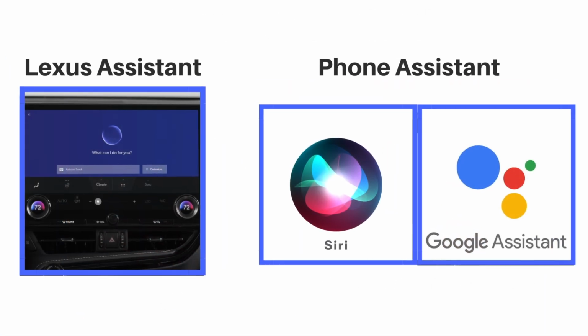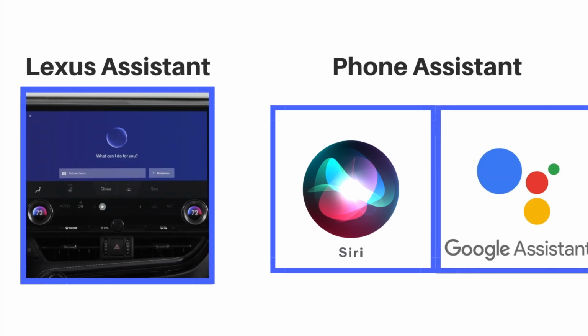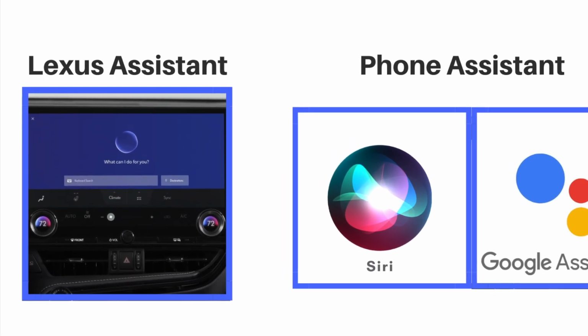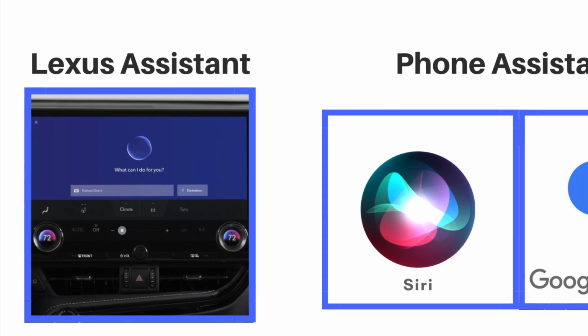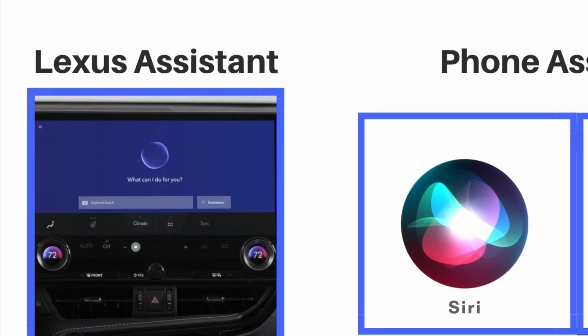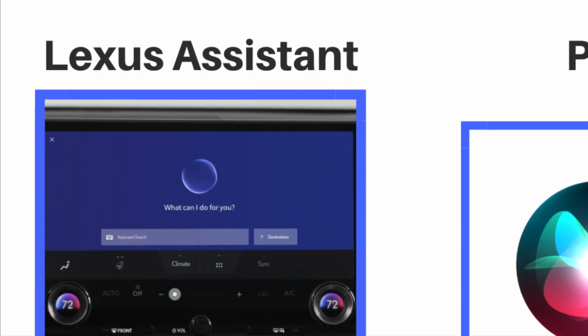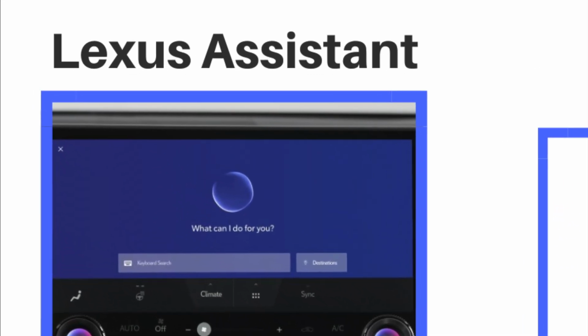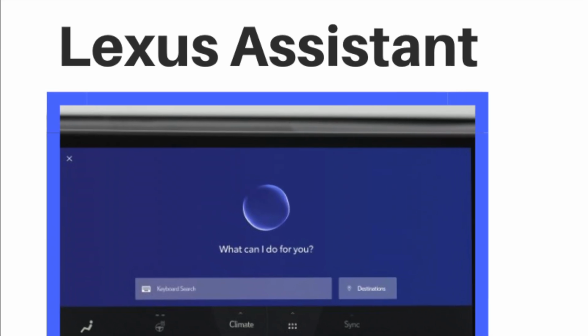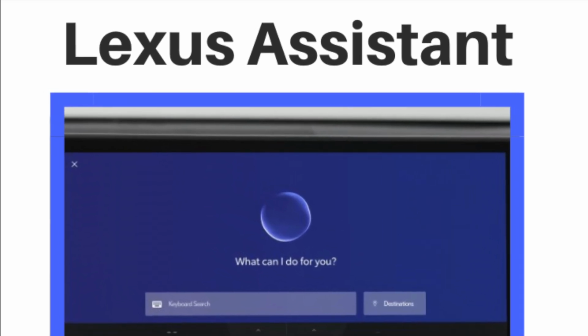You'll use your Lexus assistant for vehicle-related commands like the Lexus Radio, Lexus Navigation, and if you're not using Apple CarPlay or Android Auto for your phone at all, and you have a Bluetooth-only connection, then Lexus can make a call or send a text by voice.